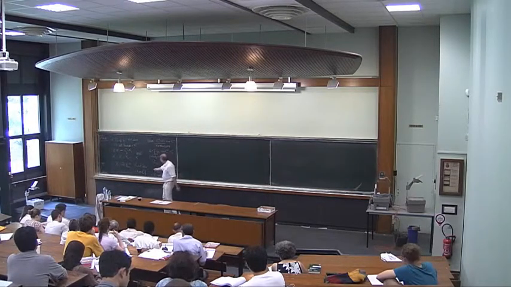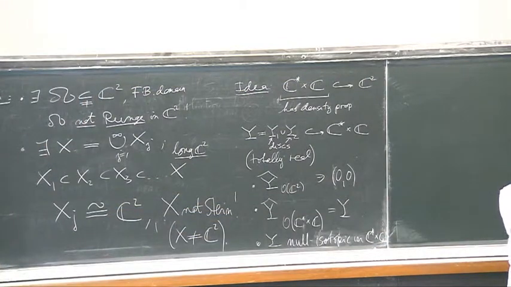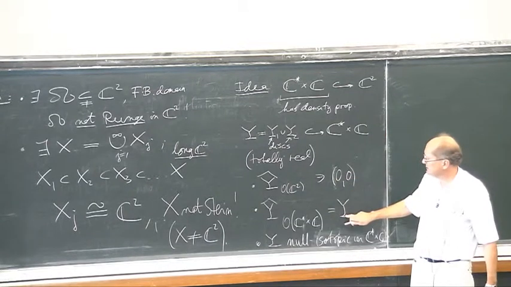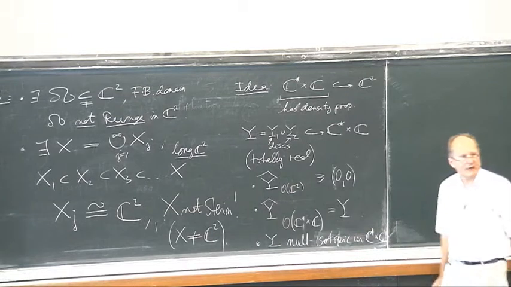But during the isotopy, you still see two disks at each time, and these two disks still have this property. This property is lost, but this property remains. It stays holomorphically convex at all times.